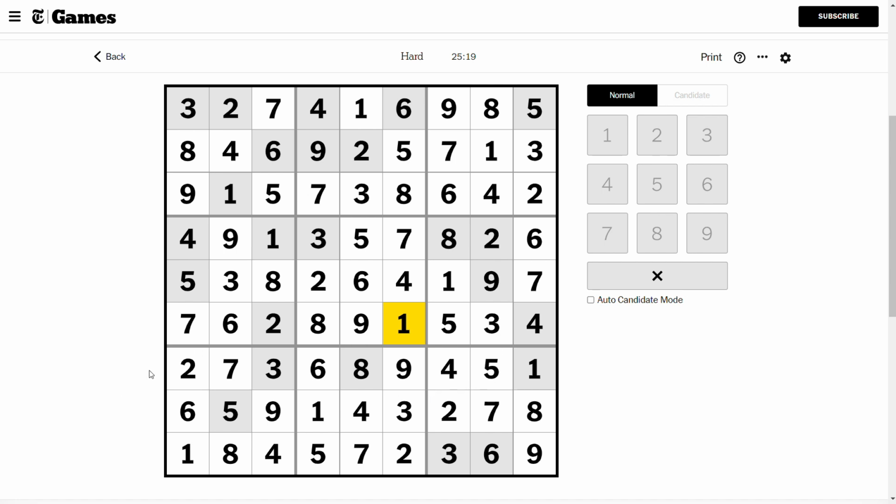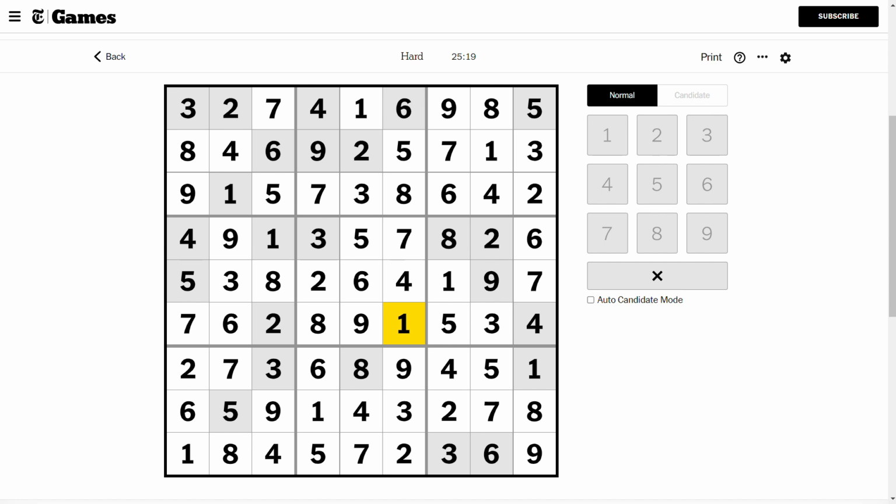So, yeah, in column 8 and row 7, I struggled and took so much time spotting the pairs. Hope you didn't struggle as much as I did.